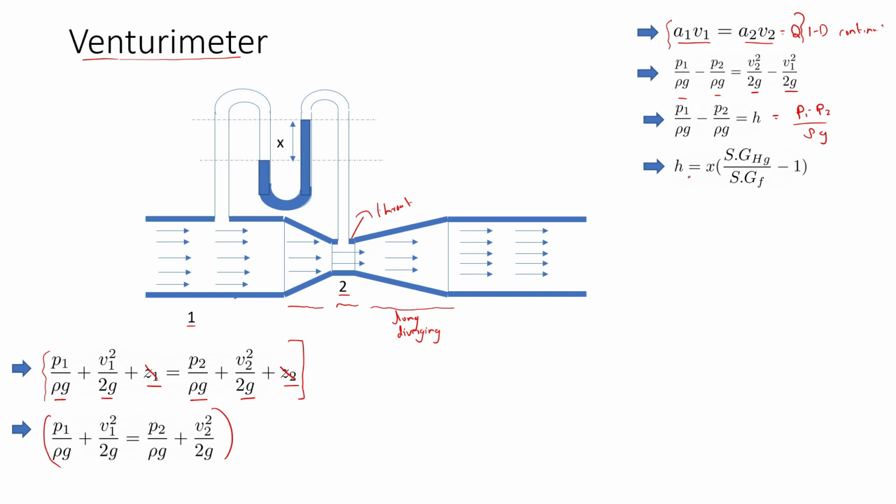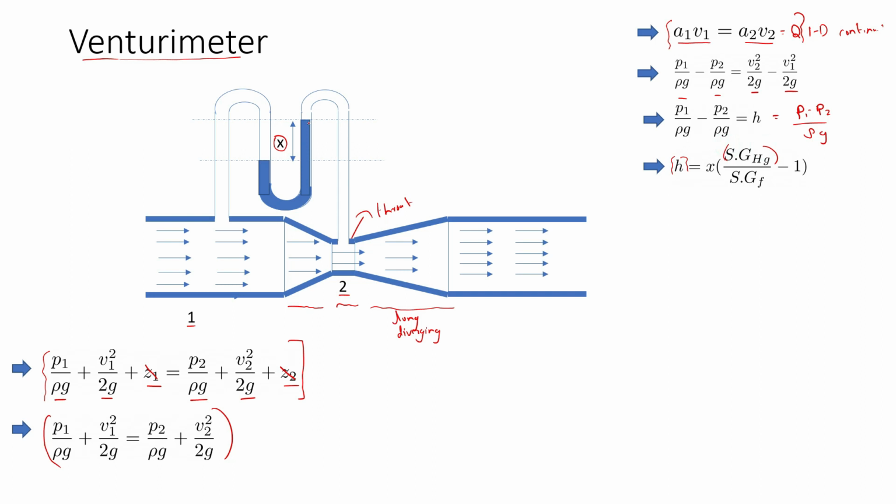And this head difference is found using a U-tube manometer. You can see a U-tube differential manometer. The formula for finding H is X, the difference in mercury level, which you can get from the manometer readings, into the specific gravity of mercury by the specific gravity of the fluid flowing through the pipe, minus 1.